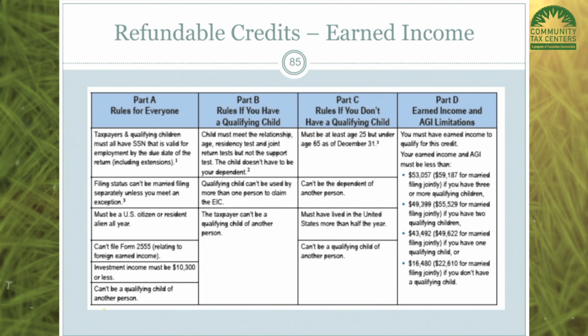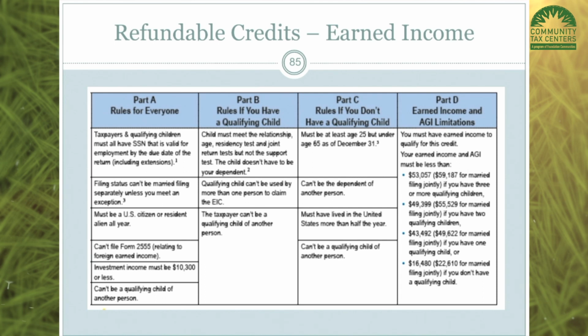Now, what if you do have a qualifying child? Remember, we talked about the qualifying child tests: relationship, age, residency, support, and joint return. So the child, for the qualifying child, must meet the relationship, age, residency, and joint return tests, but not the support test. So that's the one caveat for the earned income credit. The child doesn't have to be your dependent.